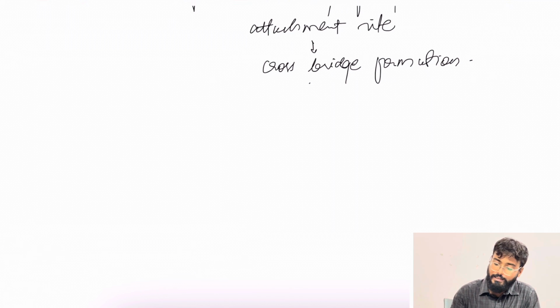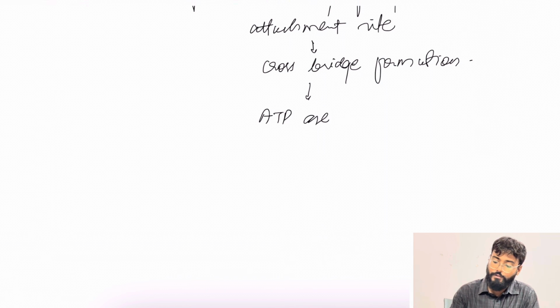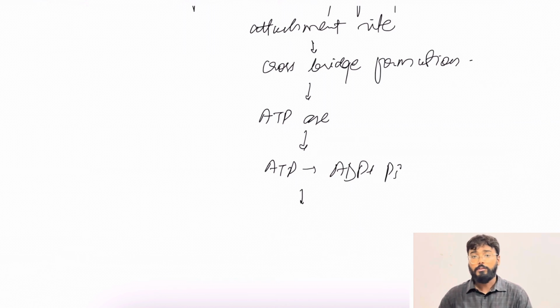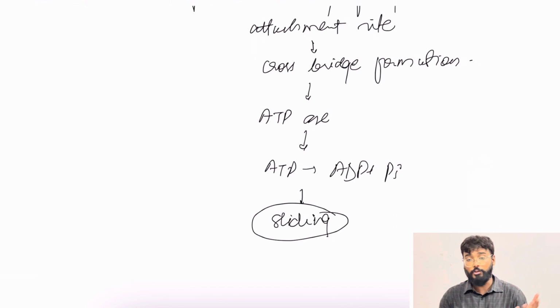So the myosin head contains the ATPase enzyme, which causes dephosphorylation of ATP, then energy is released and further causes the sliding, and sliding in turn results in contraction of the cardiomyocyte.